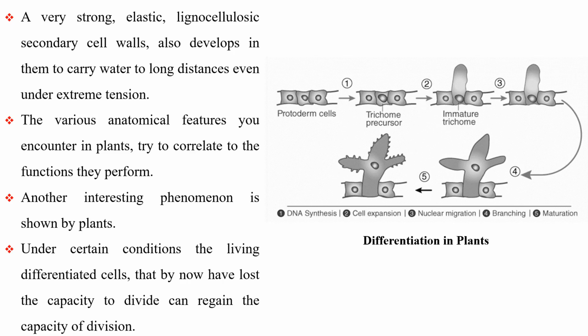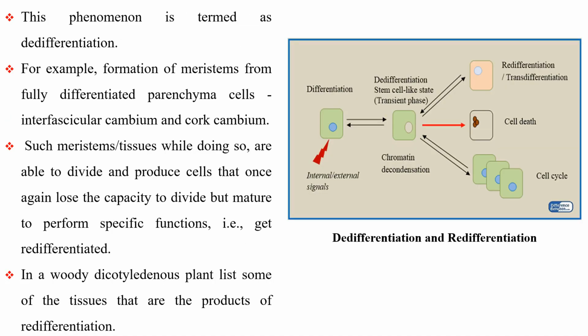Another interesting phenomenon is shown by plants. Under certain conditions, the living differentiated cells that by now have lost the capacity to divide can regain the capacity of division. This phenomenon is termed dedifferentiation.